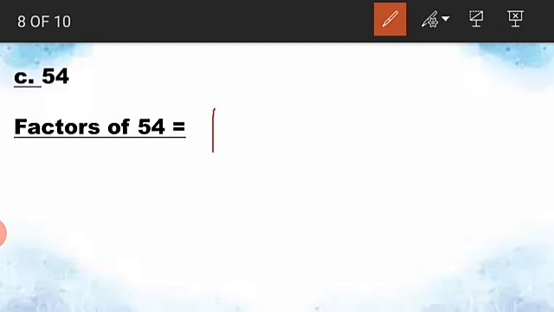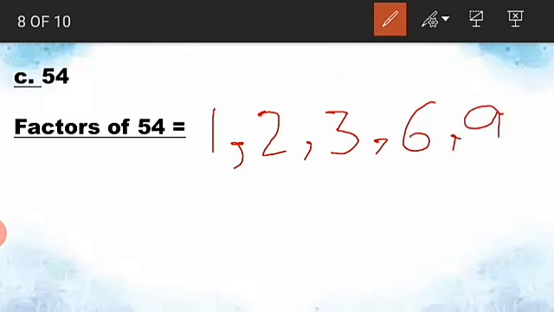We will write 1, then 2, yes, 2 is a factor of 54, then 3, yes, then 6, yes, then 9, as 6 nines are 54 and 9 sixes are 54.